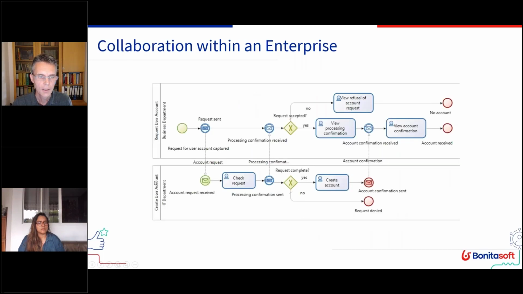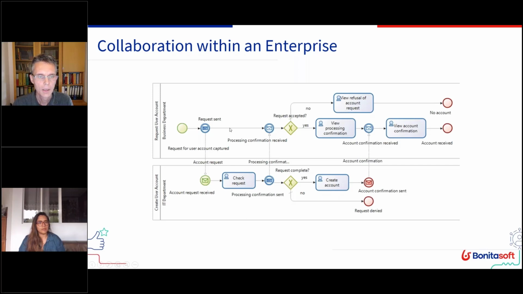So here I have modeled a little example where we have a business department and an IT department, and the business department creates a request for a new user account. We want to have user accounts from the IT department for an ERP system or something like that. The business department has its own process, and the IT department has its own process.